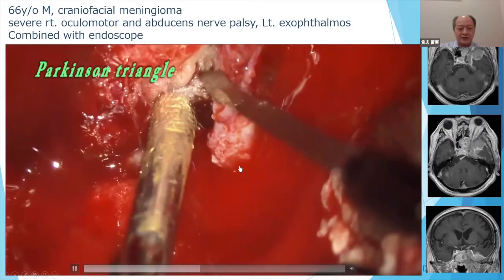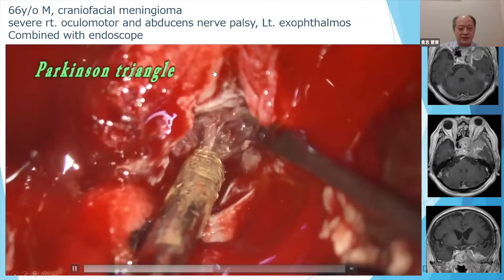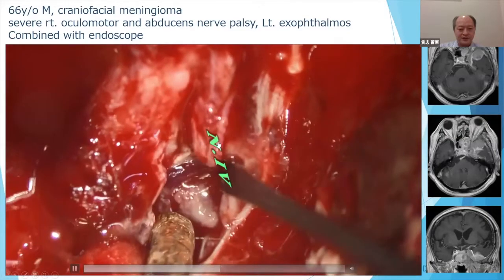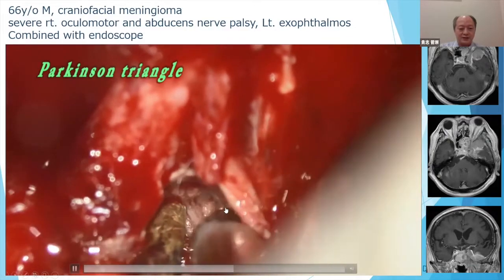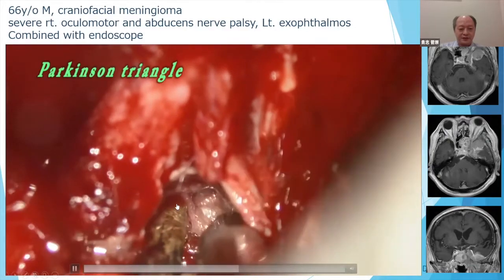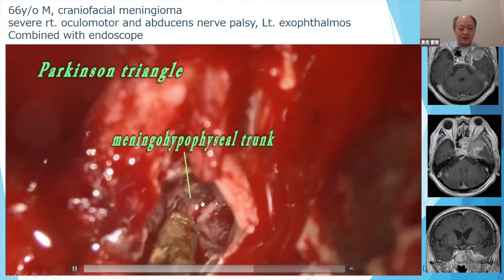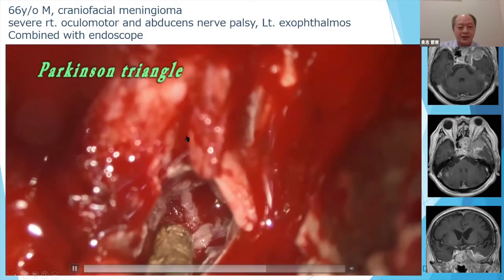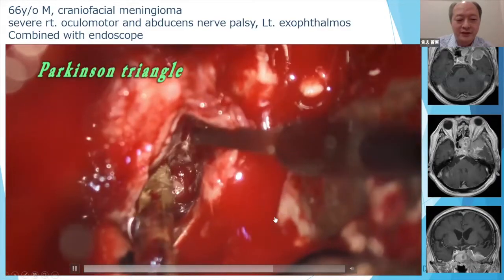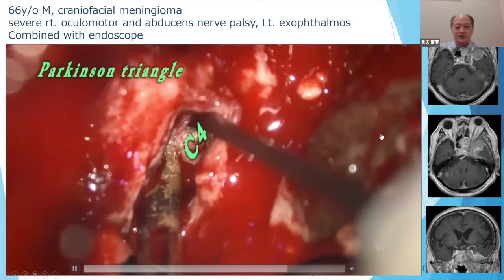And develop the tumor, open the Parkinson triangle further, and you can see here the 4th nerve again, and develop again. And here you can see the meningohypophyseal trunk. And then further develop the tumor.